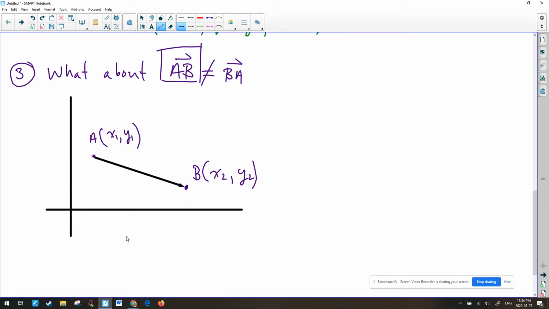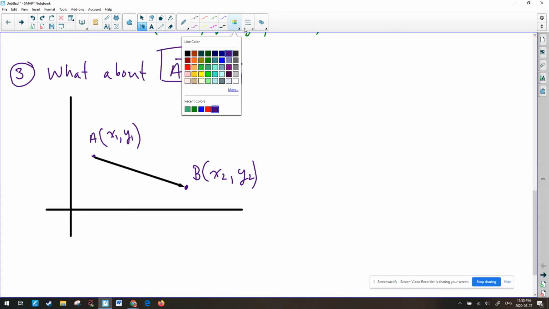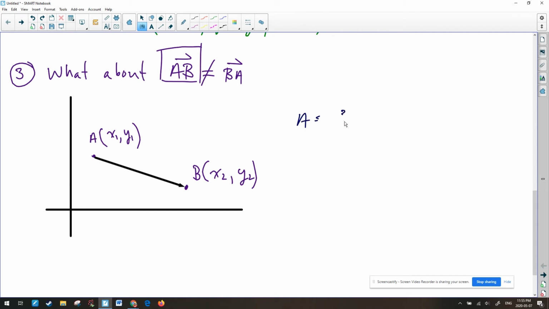So now you might think, well, what's going on here? Well, I think it's easiest if we have some numerics to go along with this. So imagine that I had actual ordered pairs here. Imagine that A was at 3, 6, and B was at 10 and about the same distance, 3.